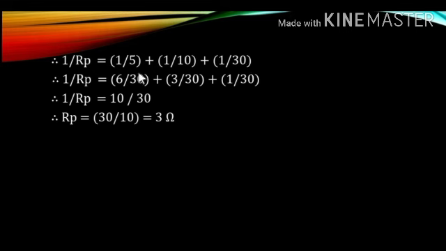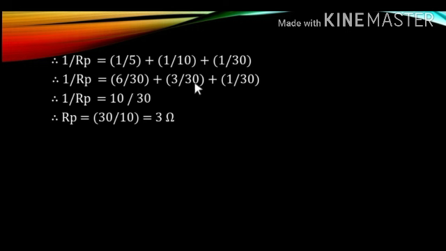Now the denominators are not the same. By taking the LCM of the denominators, it is equal to 30. That means this 5 is multiplied by 6. Then numerator is also multiplied by 6. Therefore it will become 6 divided by 30.